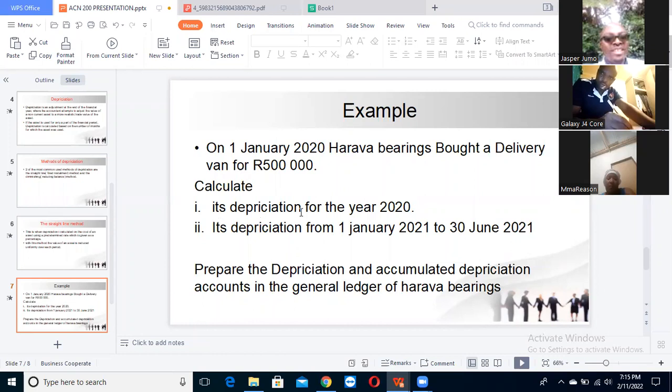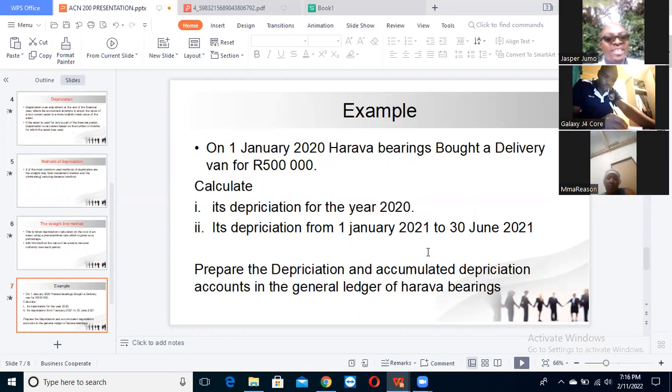Calculate, number one, its depreciation for the year 2020. Number two, calculate its depreciation from 1 January 2021 to 30 June 2021. And then the requirement is prepare the depreciation and the accumulated depreciation accounts in the general ledger of Arava Bearings.